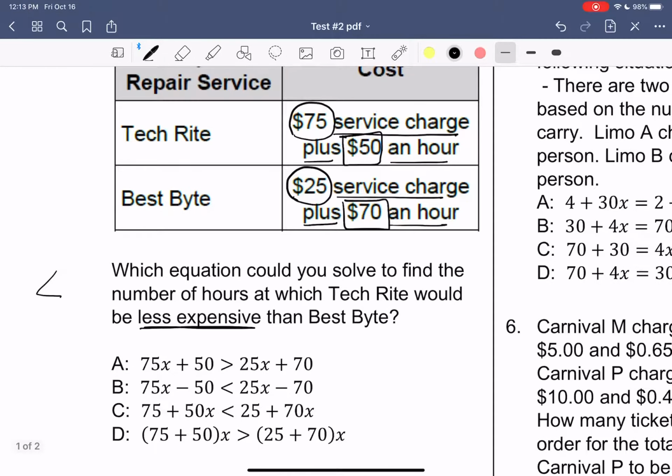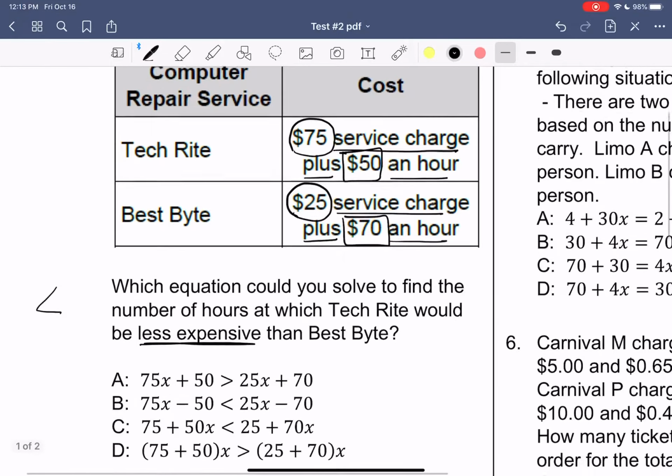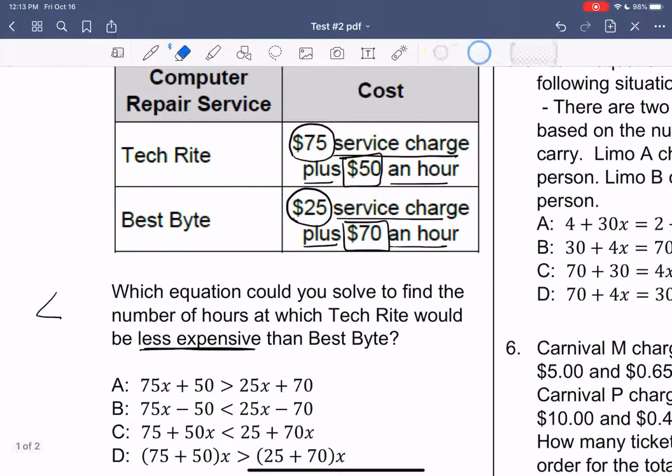And so then we can write our 2 equations. So TechRite, we would have 75 plus 50x, and for Best Buy, we would have 25 plus 70x. And we want TechRite to be, I'm going to look at this.